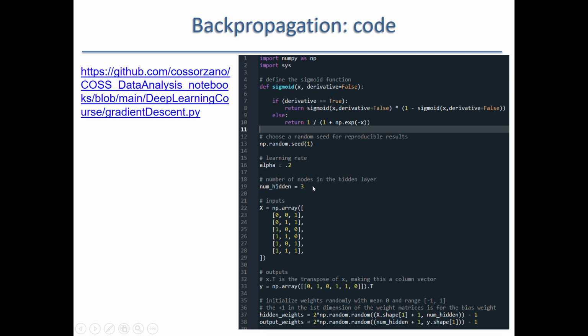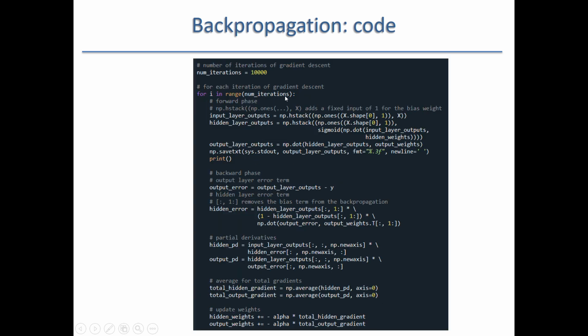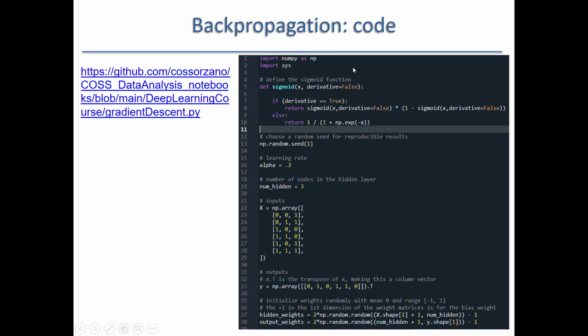This is the number of nodes in the hidden layer. We just have one hidden layer. This is our non-linear function, sigma. Depending on the implementation, sometimes you are required to give also the derivative of the nonlinear function, or it can be inferred somehow in the code. It is numerically estimated.